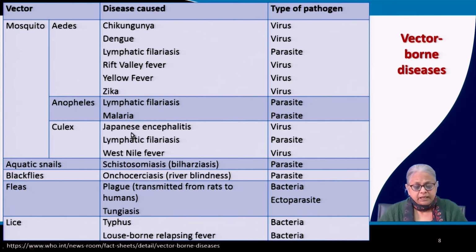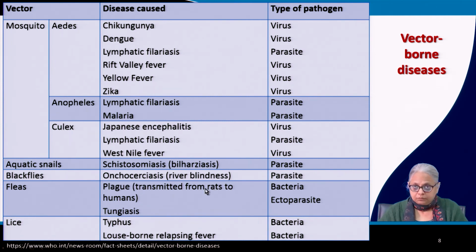Then we come to Culex. Culex is the carrier for Japanese encephalitis and West Nile fever, which are both virus related, and lymphatic filariasis, which is parasitic. There are several other vectors mentioned here: aquatic snails, black flies, and I'll mention plague. Plague is carried by fleas from rats, rodents, and so on into human beings.